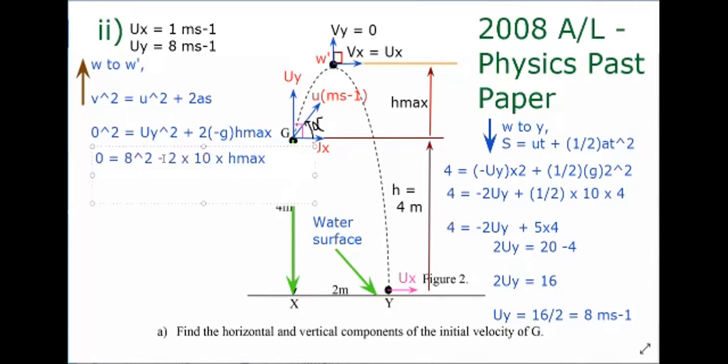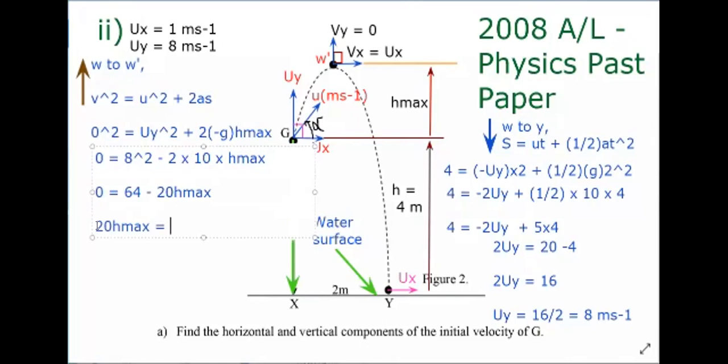So 0 is 0, square of 8 is 64, minus 2 into 10 is 20 H max. Minus 20 H max goes to the other side as plus 20 H max equals 64.